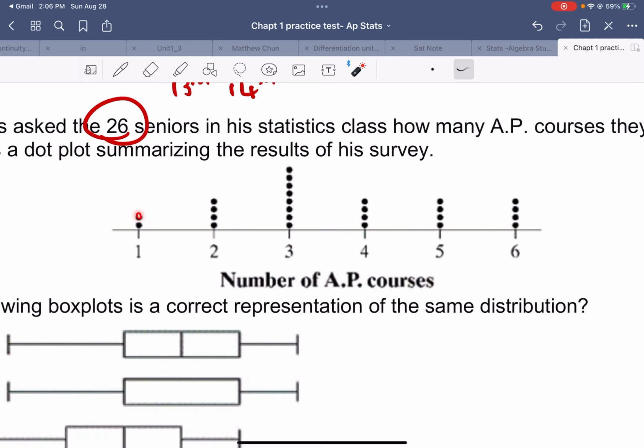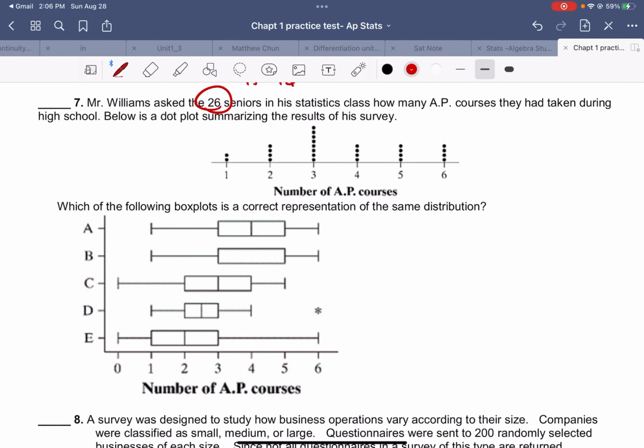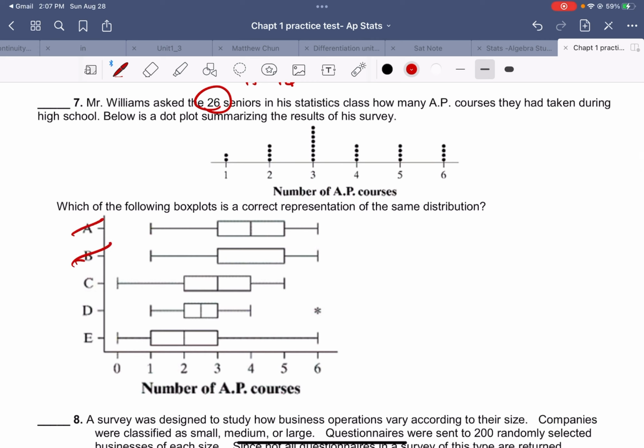Let's see, 1, 2, 3, 4, 5, 6, 7, 8, 9, 10, 11, 12, 13, 14. Okay, that means 13 and 14 are located at 3. So your median should be 3. Okay, so A and B are out because their median is not there.